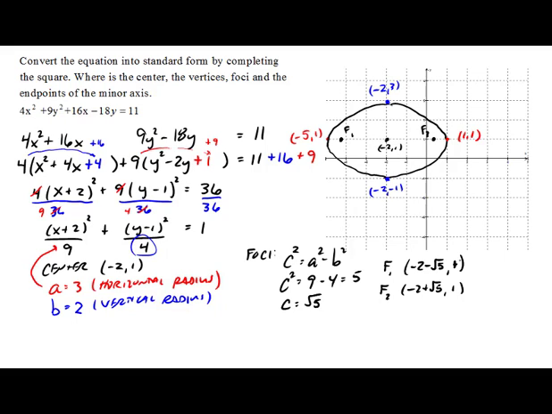So that was this point. And -2 plus the square root of 5 would be approximately 0.24. So that would be the f sub 2.